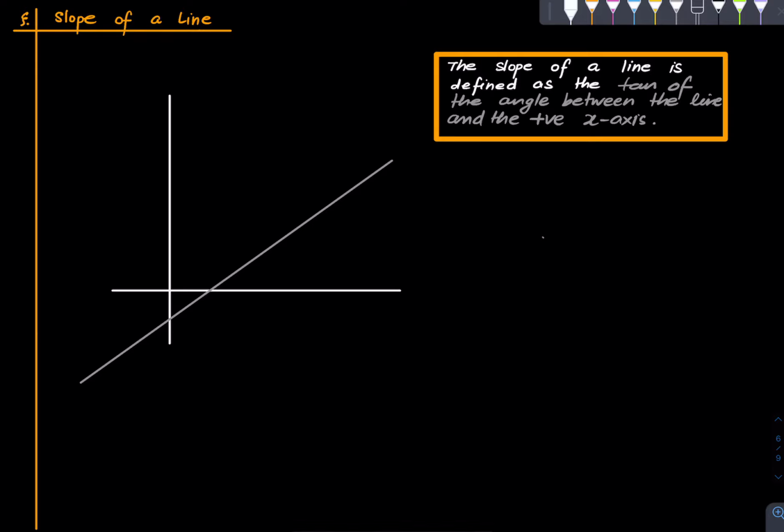So what I mean is this: suppose this angle is theta, the angle made by the line and the positive direction of the x-axis, then tan theta is defined as the slope of the line. Okay, that's it. That's the definition.